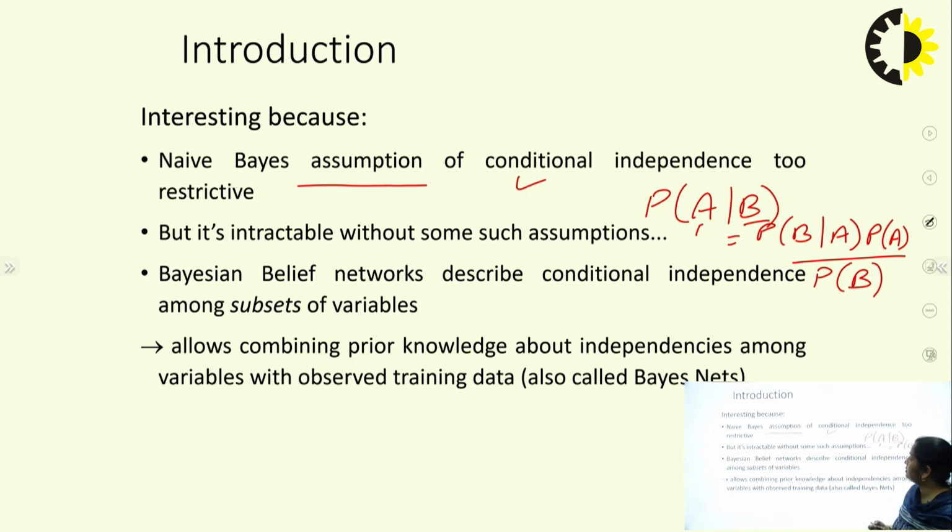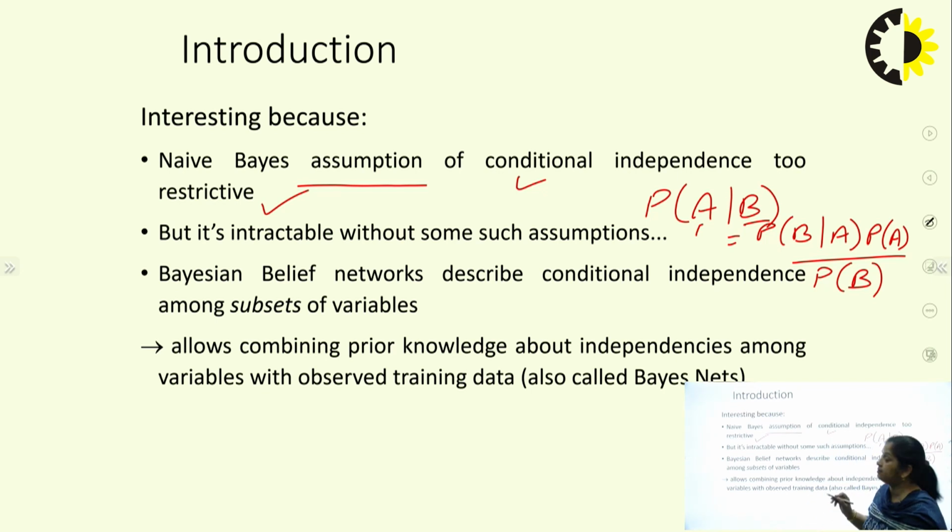The naive Bayes assumption is used to reduce the expensiveness of the calculations used in Bayesian learning when we do Bayesian classification. The assumption says that all the attributes are independent of each other. When we say that all are independent of each other, we are putting too big a restriction.